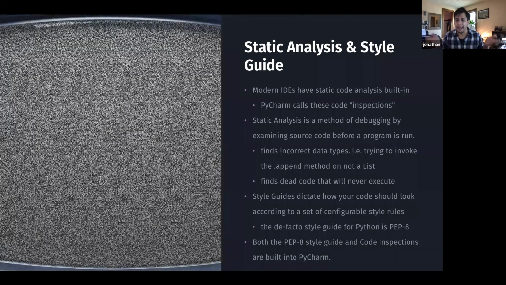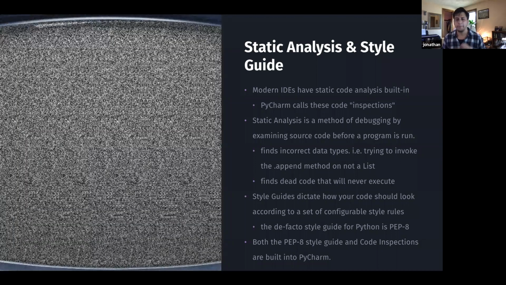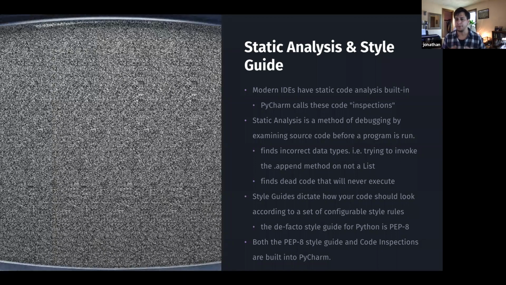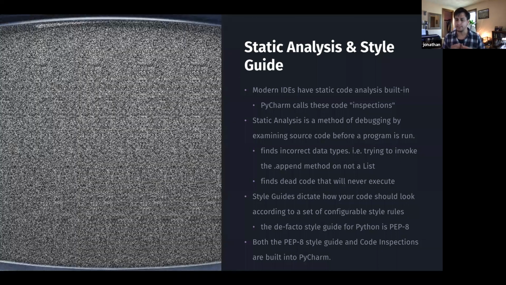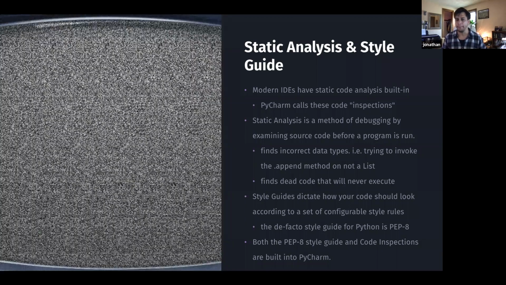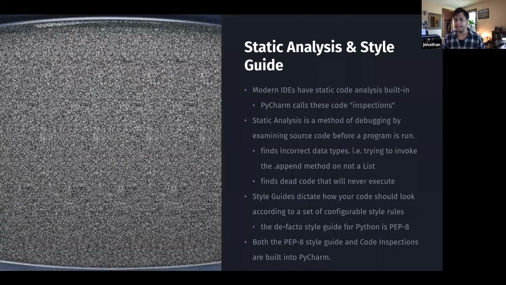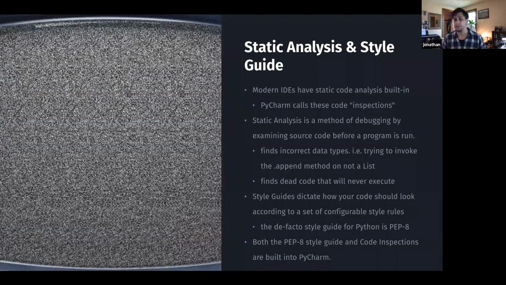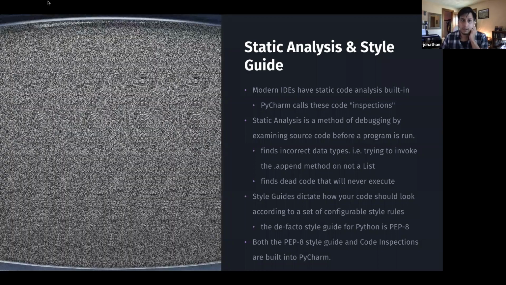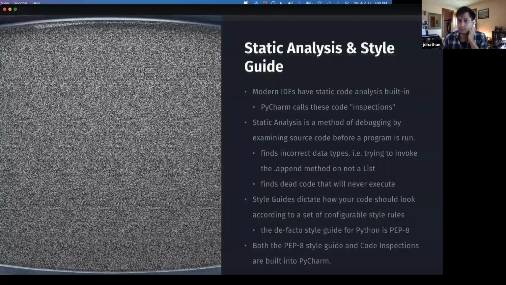It's sort of been enshrined into dogma, if you will, but in a good way, because the style guide is pretty good. There's a couple things I personally disagree with in that PEP 8 style guide, but you work around them. So both the PEP 8 style guide and code inspections are built into PyCharm. I'm sure they're also built into other IDEs as well.